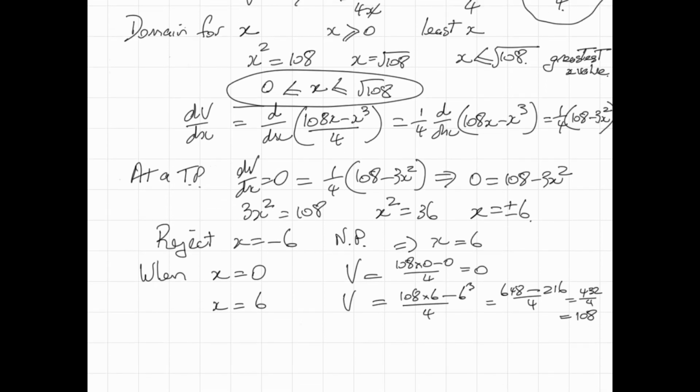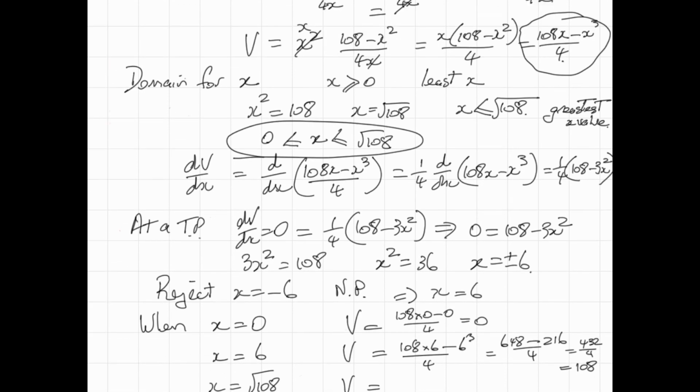And then finally, x is equal to the square root of 108. And we get volume equals 108 times the square root of 108 minus the square root of 108 cubed all over 4.